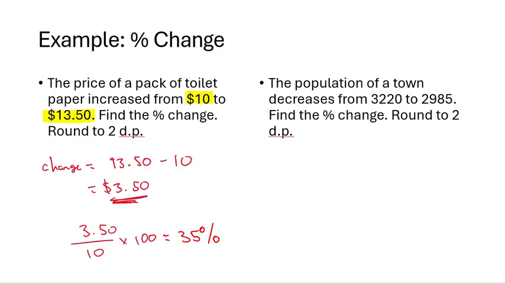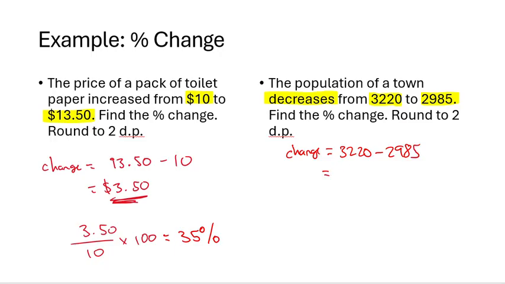The population of a town decreases from 3,220 to 2,985. Find the percentage change. So I'm going to find my change, which is 3,220 minus 2,985.